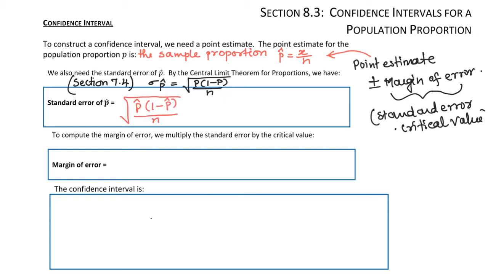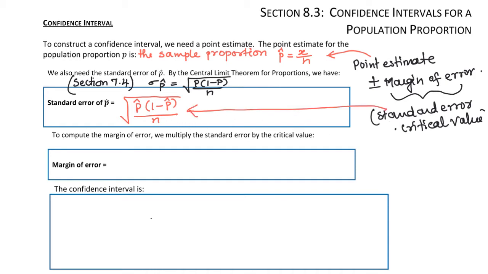So the standard error will be square root of P hat times 1 minus P hat divided by N. The population proportion P is unknown. The sample proportion P hat is known. And we use the value of P hat to estimate the unknown value of P. That means we replace this P with P hat. That is our standard error.